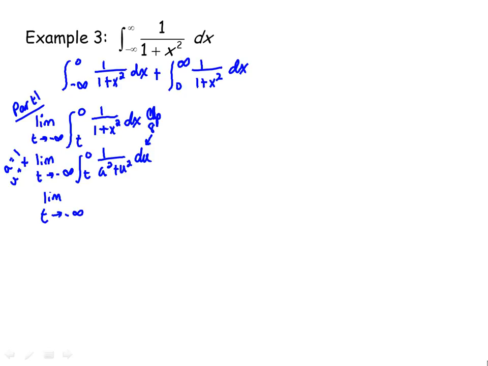We don't really need it. I'll put it in there. And then you're going to have tangent inverse of u, which is x, over a, which is 1, so it's just going to be x. And we're going to go from t to 0. Because it's 1 over a, the a is 1, so you get 1 over 1. Off your chapter 8 formulas.